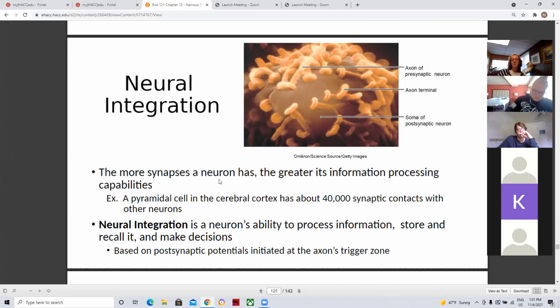So the more synapses a neuron has, the greater its information processing abilities. A pyramidal cell in the cerebral cortex can have about 40,000 synaptic contacts with other neurons. Remember in the cerebellum, I think this was an earlier slide, can have up to 100,000 synapses with other neurons.